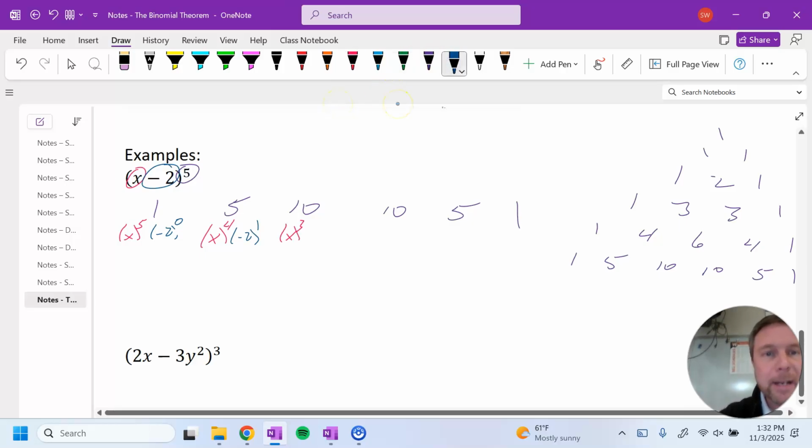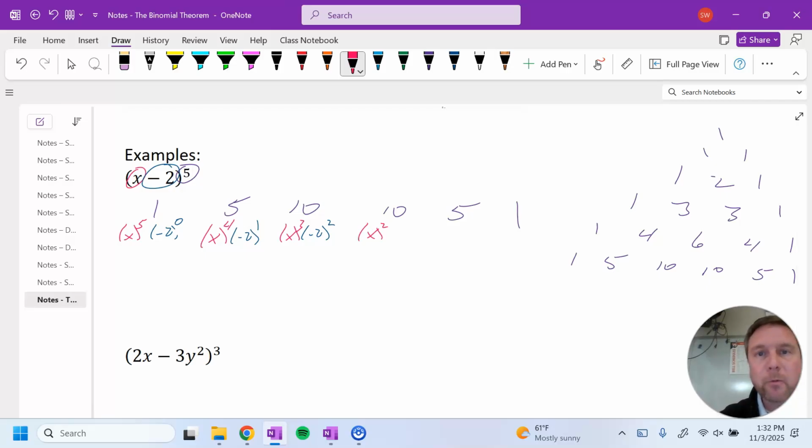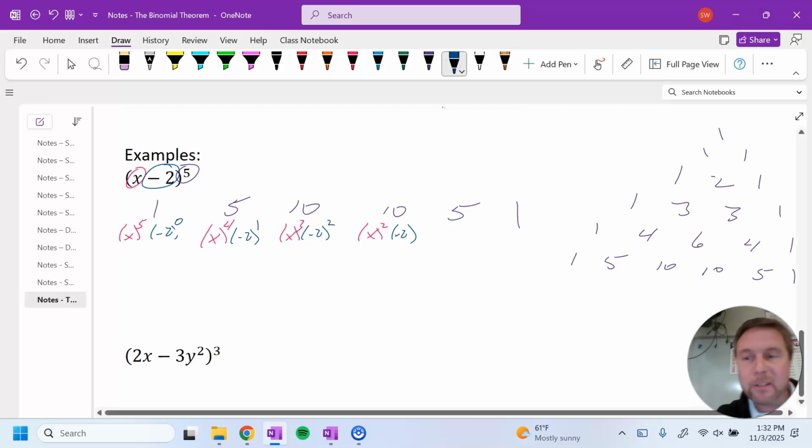And then this blue guy, negative 2 to the power of 2. 3 plus 2 is 5. All right, the next 10 right there, I'm going to go x to the power of 2. Notice I'm decreasing my exponents by 1 each time. 5, 4, 3, 2. All right, and then the negative 2 in blue, take a wild guess of what exponent it's going to be. You got it, to the power of 3. Add the 2 and the 3 together and you get 5.